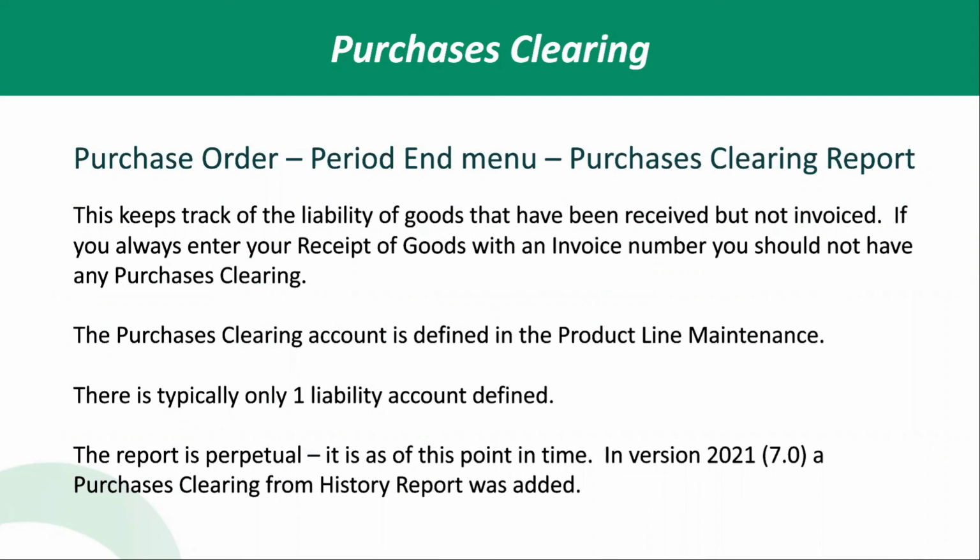So when you run it, it is based on what is updated at this point in time. If you have version 2021, which is 7.0, Sage did add a purchases clearing from history. So if it's hard to get the timing just right, then you can make use of that.